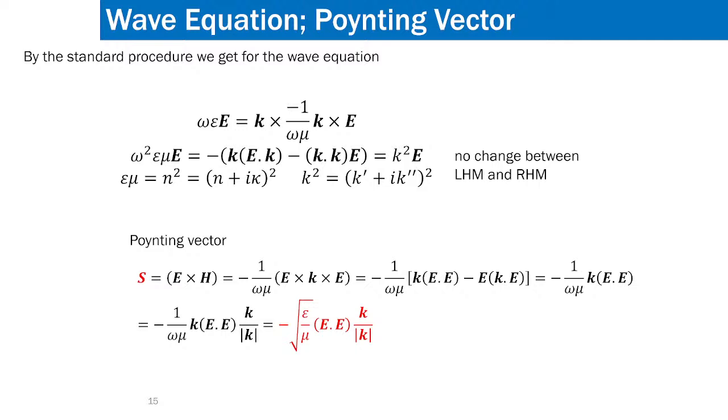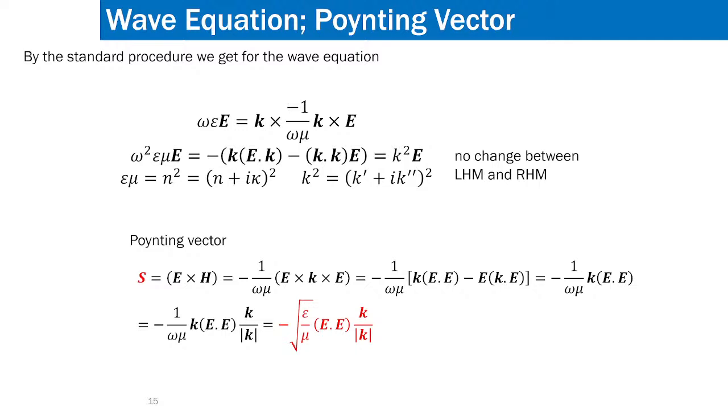Now if we expand that vector triple product E cross k cross E, that gives us k into E dot E minus E into k dot E. Again here k dot E is equal to 0, because k and E are orthogonal to each other.